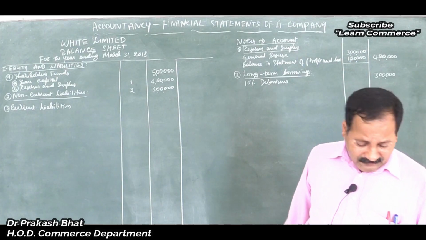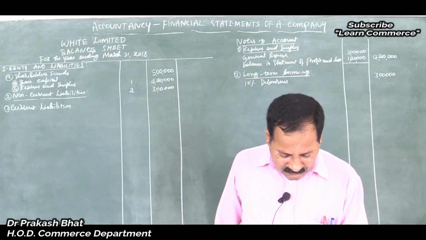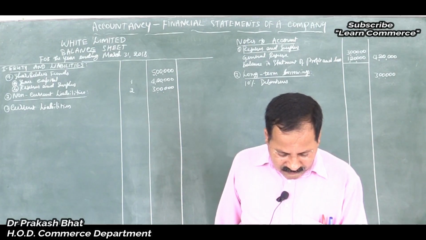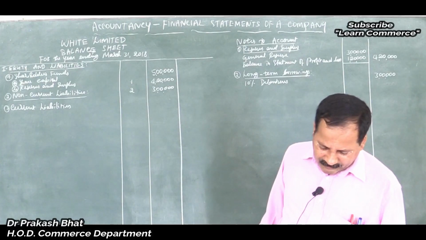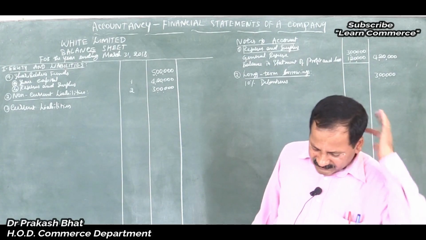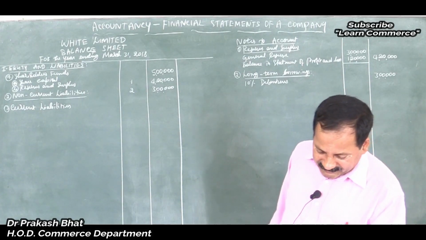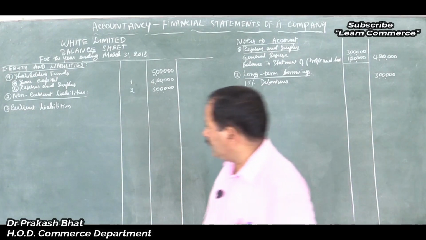Current liabilities now. Yes, current liabilities separately given. So no headache for us. Cash and cash equivalent, it is a current asset, not liability. Remember, 2,50,000 straight away.